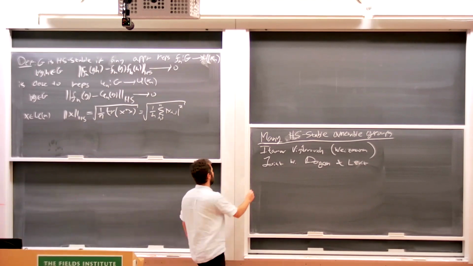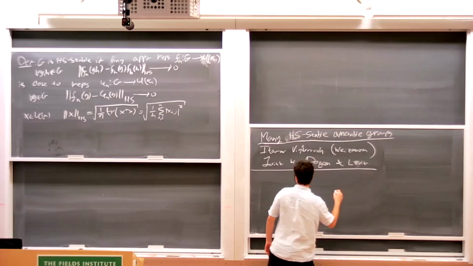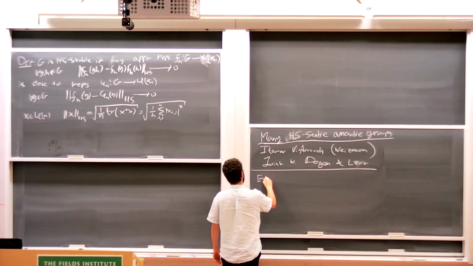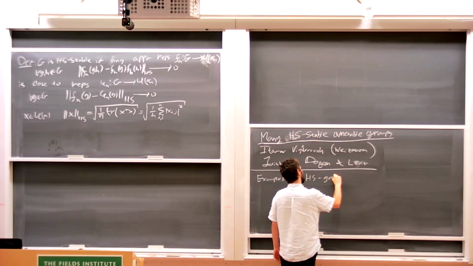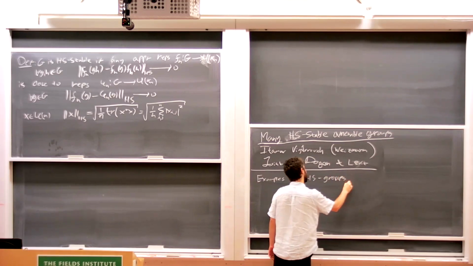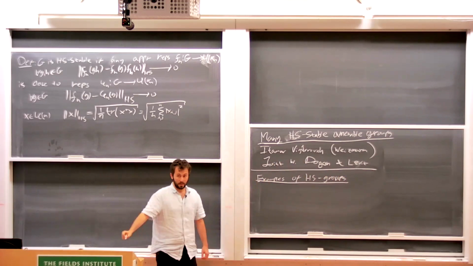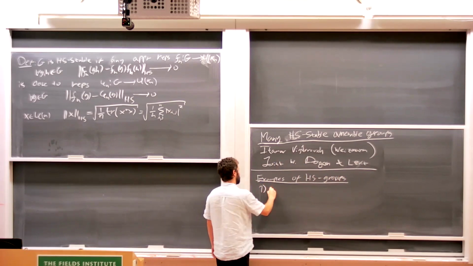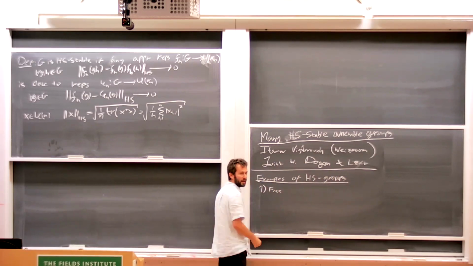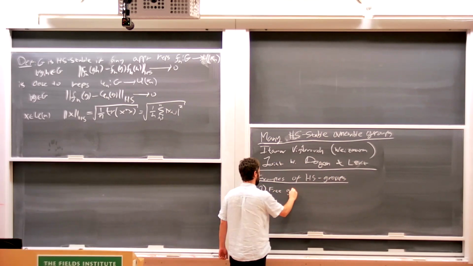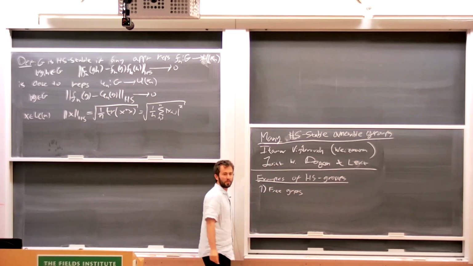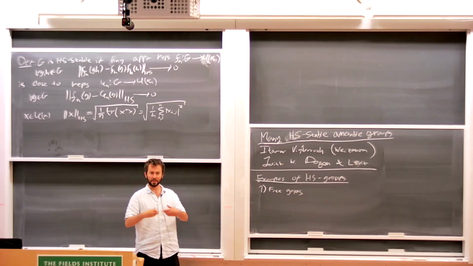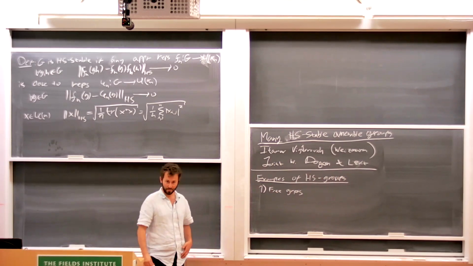So let's give some examples of Hilbert-Schmidt stable groups. The first example is, of course, free groups. I'm repeating some things that were said before, but just to prepare things right. It's very easy to build a homomorphism from the free group.